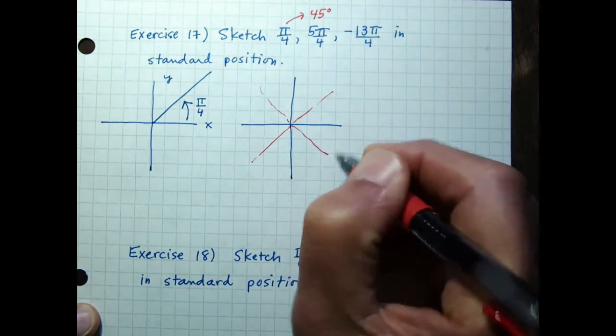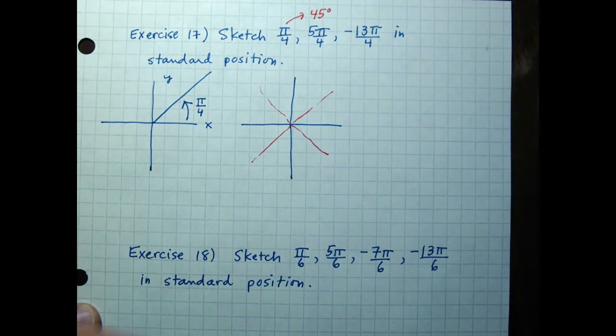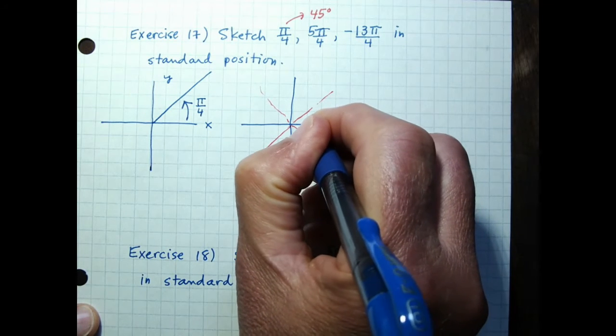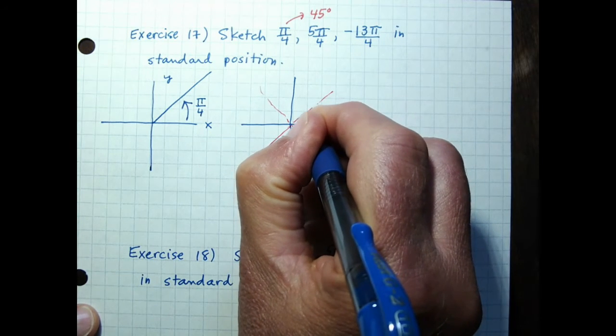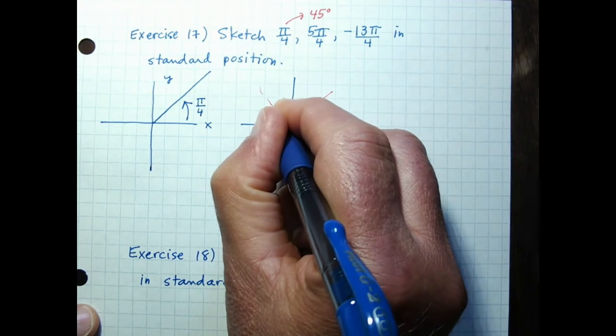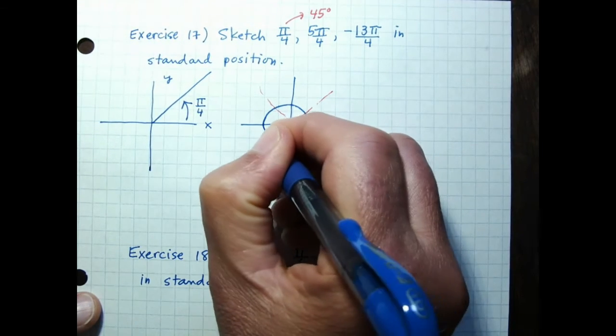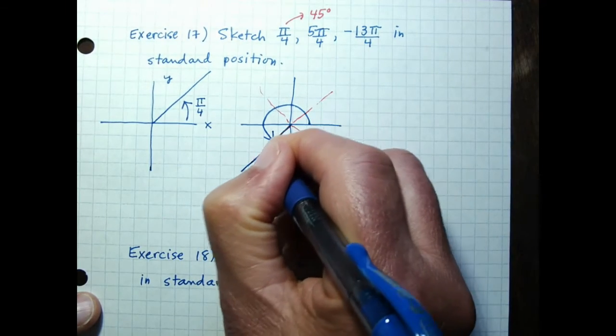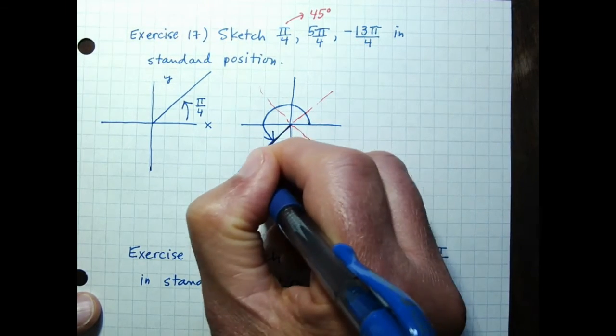And I think once you get used to this, you won't even have to draw them. You'll be able to just imagine that in your mind. So I'm going to start at the positive x-axis and count 1, 2, 3, 4 pi over 4. 5 pi over 4 is going to have its terminal side right here in the third quadrant.